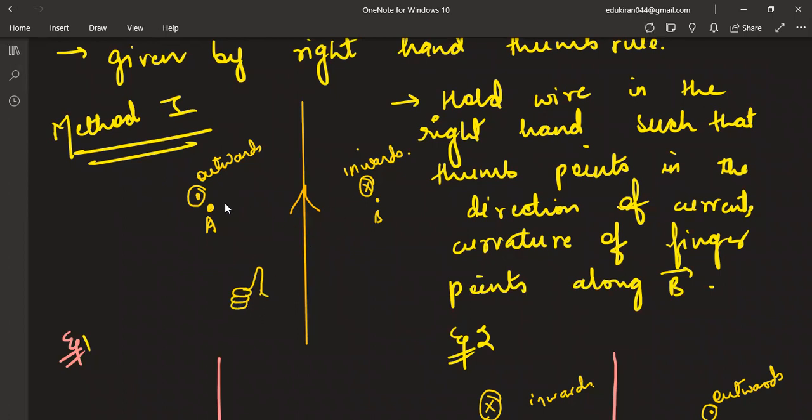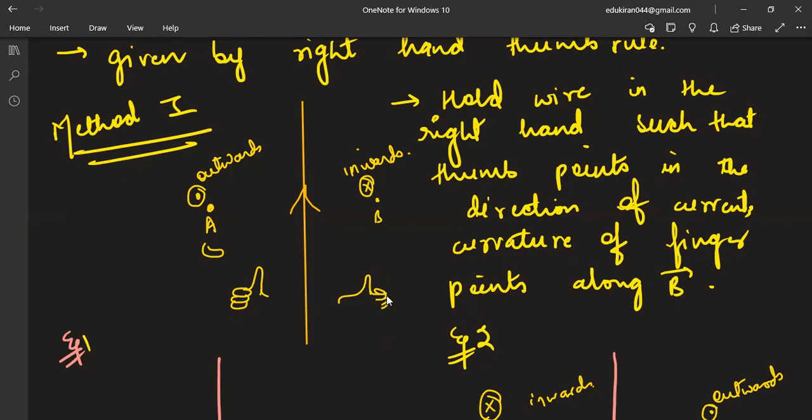At this particular point, if the thumb is up, using your right hand, the fingers are curled, so at this point your fingers are moving out of the plane. And just the opposite if you take it there: if you put the thumb in the other direction, the fingers will be curled inside.